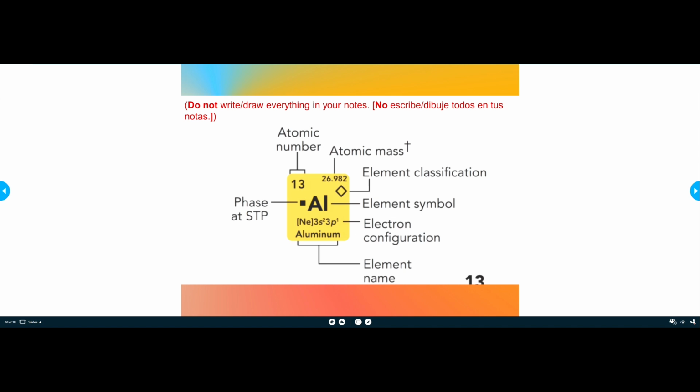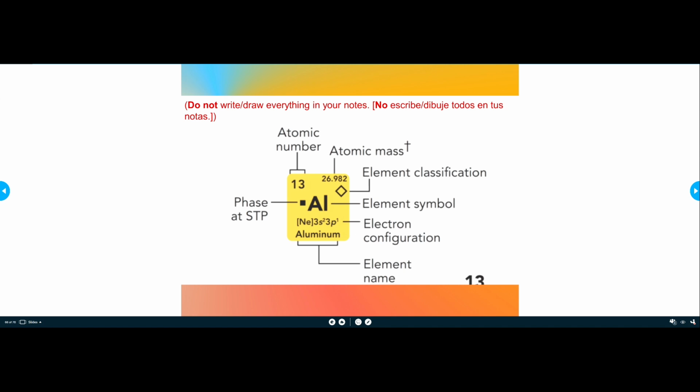On the left, we have the phase at STP, where the different symbols indicate solid, liquid, or gas. STP stands for standard temperature and pressure. The standard temperature in Kelvin is 298.